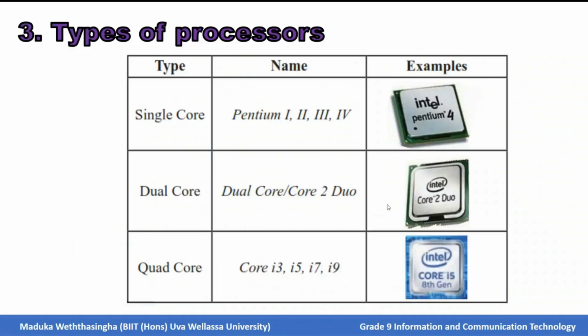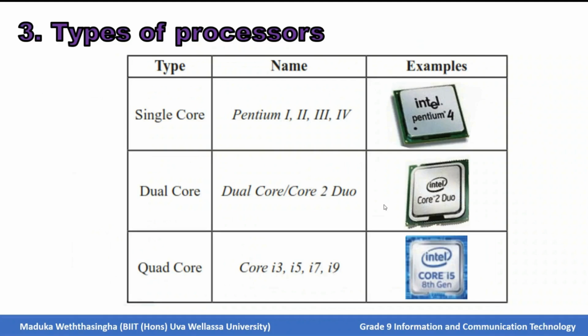What are the examples for single core? Pentium 1, 2, 3, 4. There are many processors with the name. So Pentium 1 processor, Pentium 2 processor, Pentium 3 and 4. Those processors are single core.